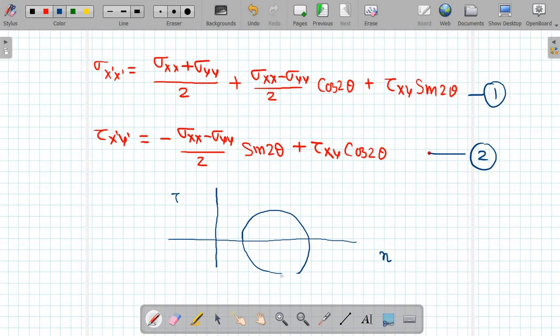So afterward we will discuss this thing, but first we will try to calculate the maximum value of sigma x dash, because this is a function and this function has variables sigma x, sigma y, theta and shear xy.